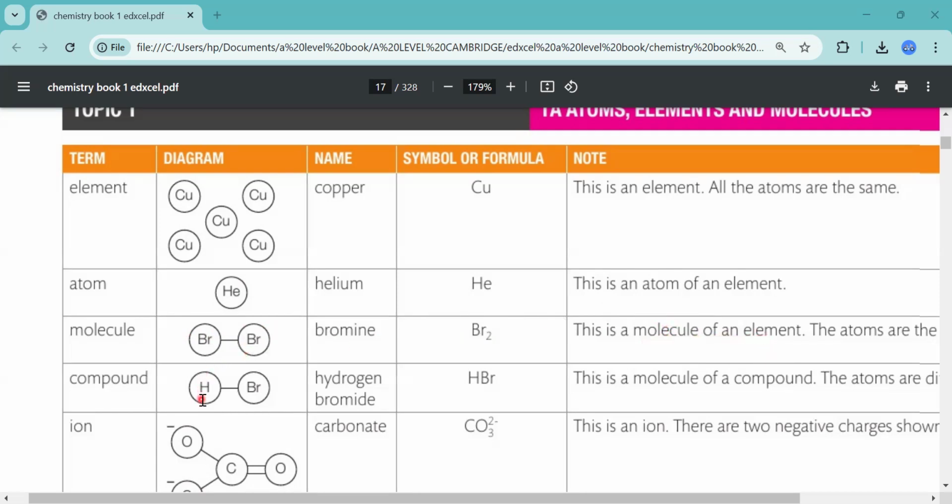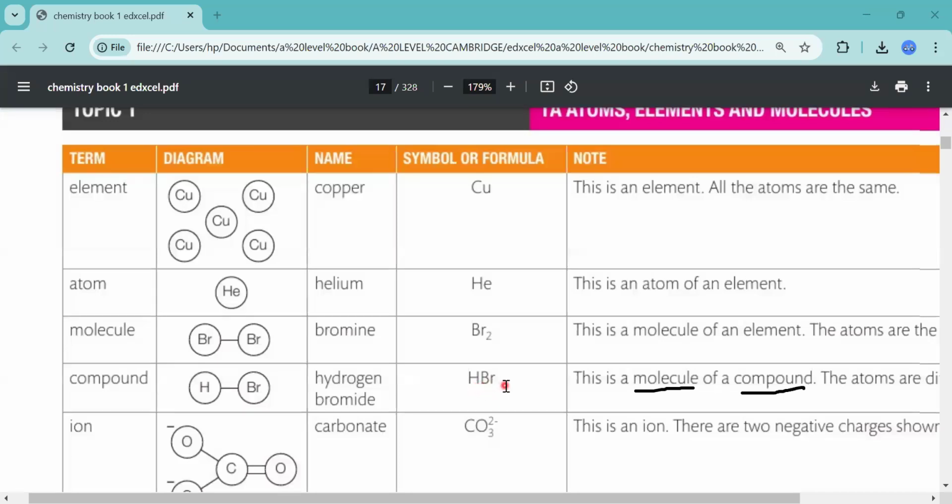Now the next one, it's a molecule of a compound. Reason: first, look, both the atoms are different. They are chemically joined together. So what are we going to call it? Molecule, because it's HBr. And why is it a compound? Because both the atoms are different. How will we write the formula, HBr?